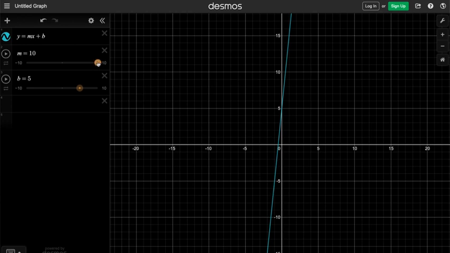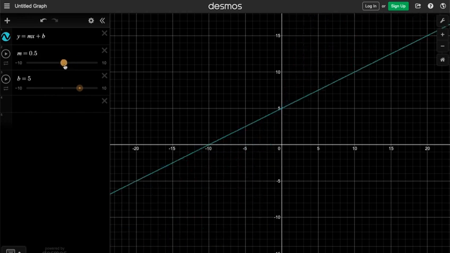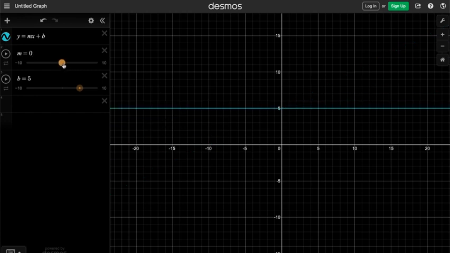If the slope goes the other way round and becomes less than 1, then the line becomes less steep than 45 degrees. As you can see, the line is now mildly increasing when the slope is between 0 and 1. If the slope goes to 0, then the line becomes completely flat.